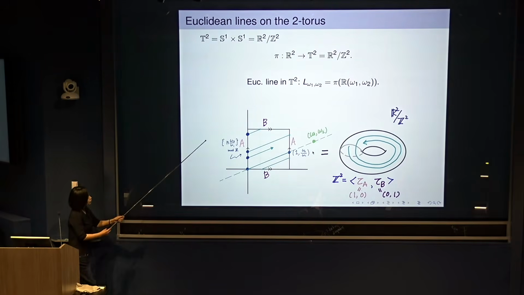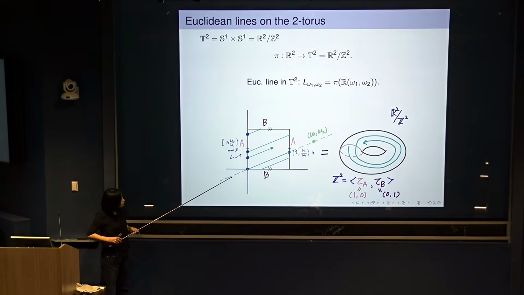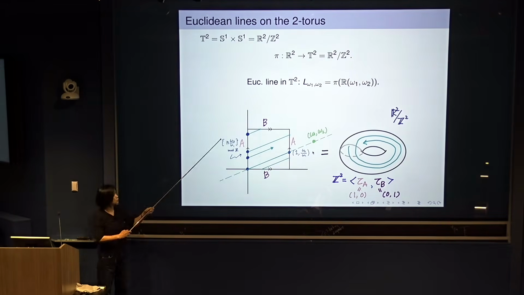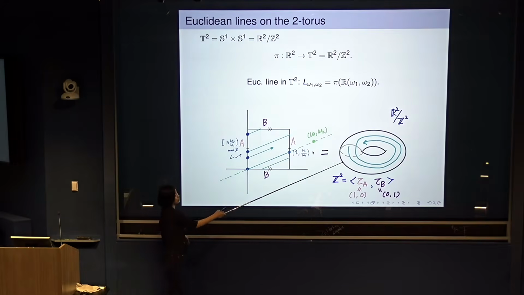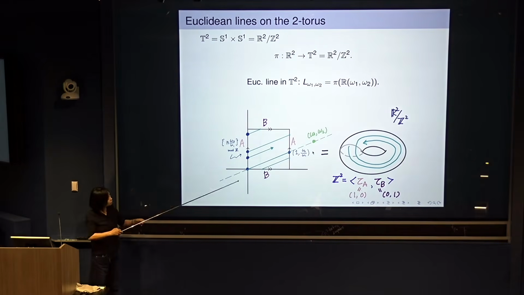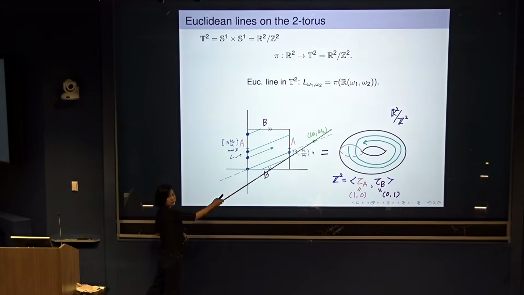Now if you try to see which places on the y-axis she's visiting, these are exactly the integral multiples of the slope. From her exercise, she knows that if the slope is rational, she's going to visit only finitely many places, which means her trip becomes periodic and closed. If the slope is irrational, she's going to visit all the places on the y-axis, which means her trip becomes dense.